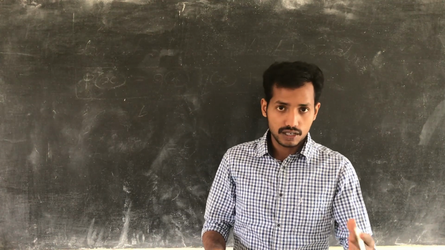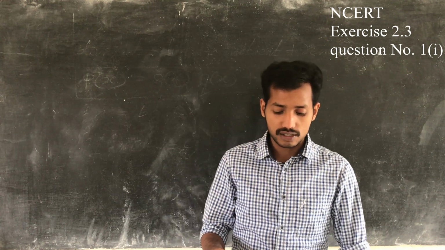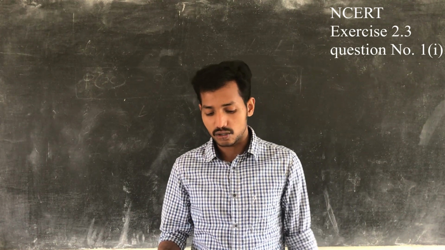Okay, let's take an example. Exercise 2.3, question number 1, option number 1. Divide the polynomial p of x by the polynomial g of x and find the quotient and the remainder in each of the following.